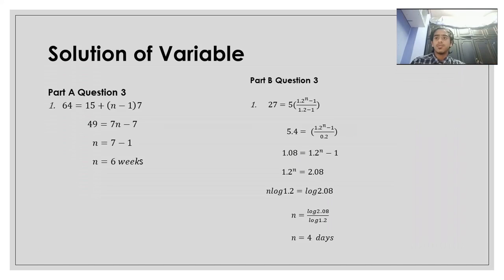So next I want to present about solution of variable. So basically it's just a solution for the question that we've been given. So the first question, we use arithmetic progression. So the formula that we use sounds like this: the term Tn equals first term A plus, in the bracket, n, which is the term, minus 1, close the bracket, and times common difference.